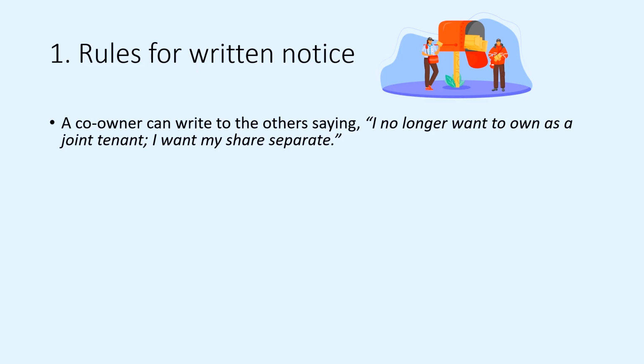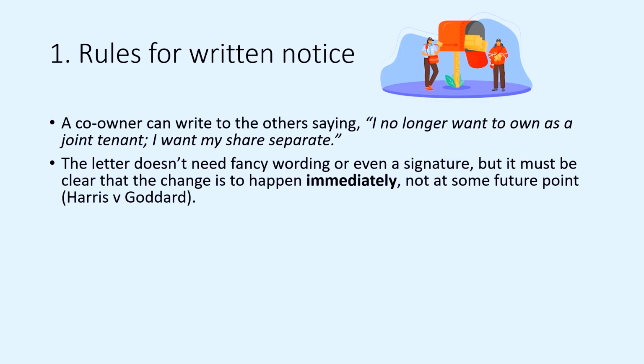Okay, so that's basically the idea behind it. You say, I want to sever this, I want my own shares, and I don't want to co-own this with you anymore as a joint tenant.